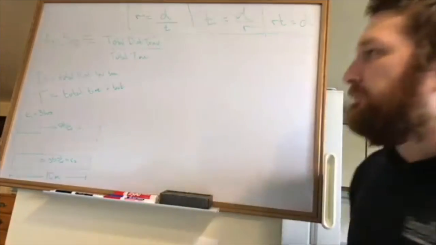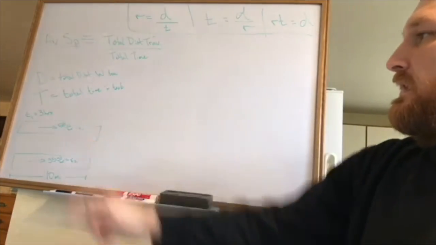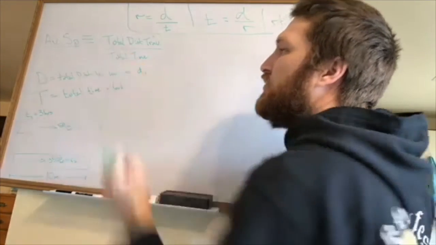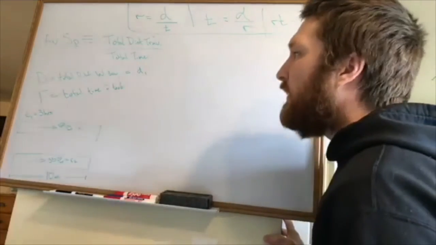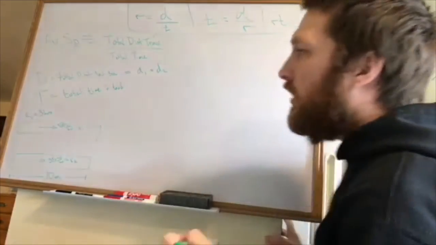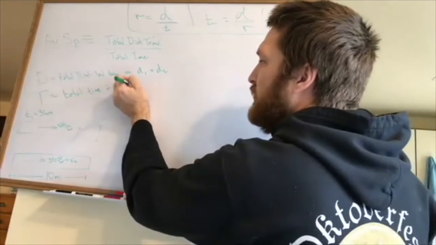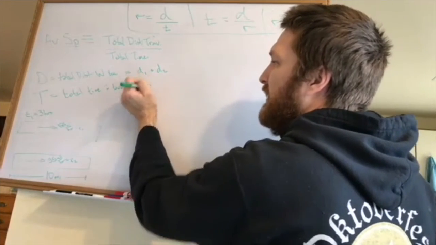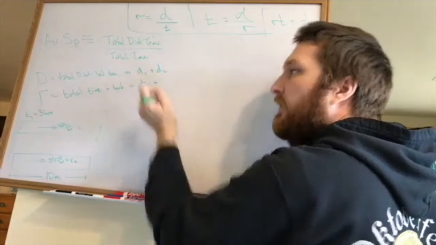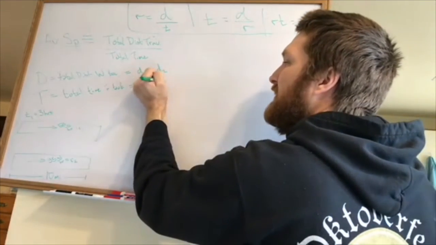So let's see. In order to get the total distance, I'm going to need 2 things: the distance of trip 1, which I'm going to call D1, plus the distance of trip 2, which I'm going to call D2. The total time is going to be the time it took him to drive the first trip, which we already have, and then the time it took for T2.